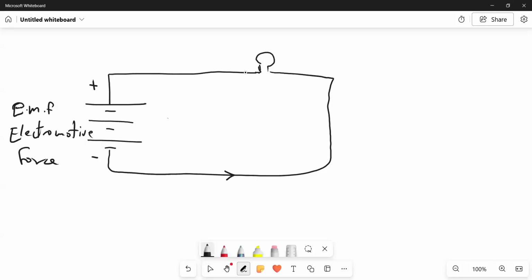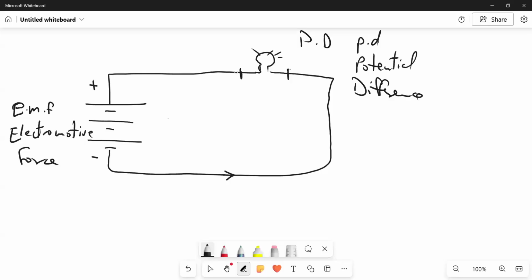And as it creates a current through it, it causes a potential difference. You call this PD, or sometimes lowercase p, lowercase d, right? Potential difference. This electromotive force creates a potential difference across this, in this case a light bulb. So over here is positive, down here is negative.